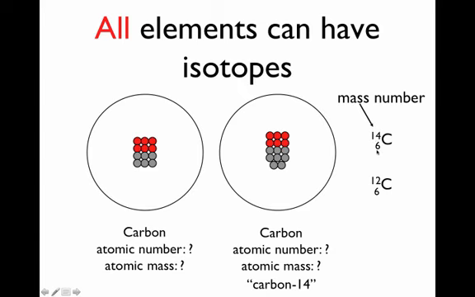Now you might wonder, why do we even have to bother writing the 6 here? Because I know just by looking up in the periodic table that all carbon atoms have 6 protons. So this seems to be a little bit of a waste of time, because the number of protons that carbon has is already implied just by writing the symbol here. We know that all carbons have 6 protons.